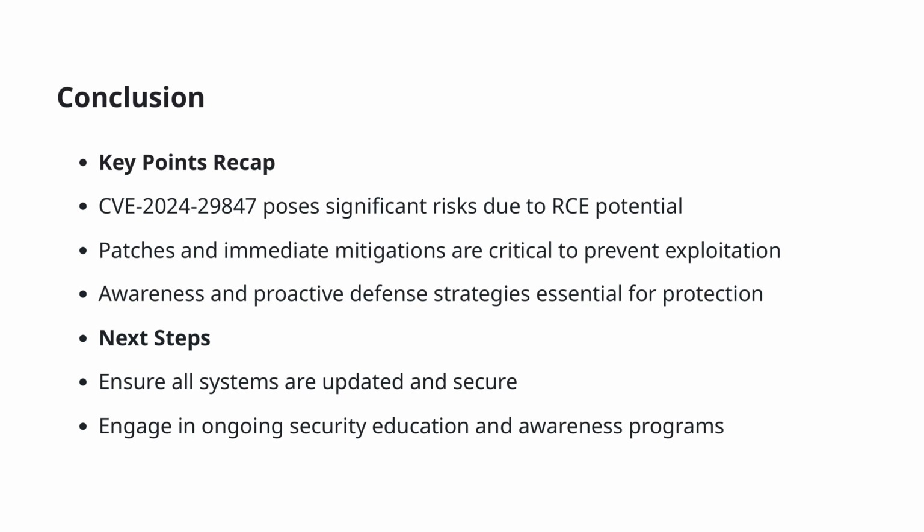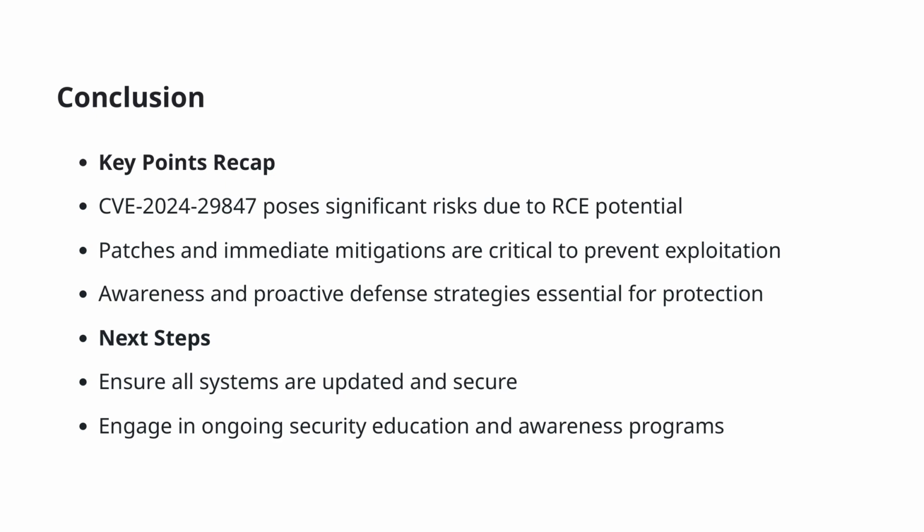In this conclusion slide, we will recap the key points from our discussion on CVE-2024-29847. This vulnerability poses significant risks, mainly due to its potential for remote code execution, which could be exploited by malicious actors. To address these risks, it's imperative that organizations apply patches and immediate mitigations to protect their systems effectively.